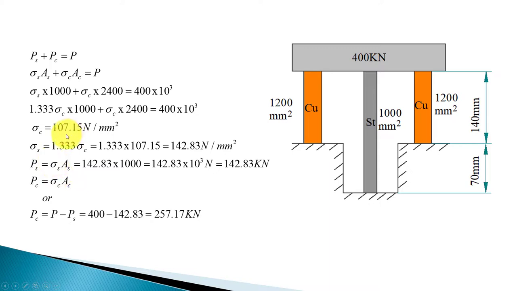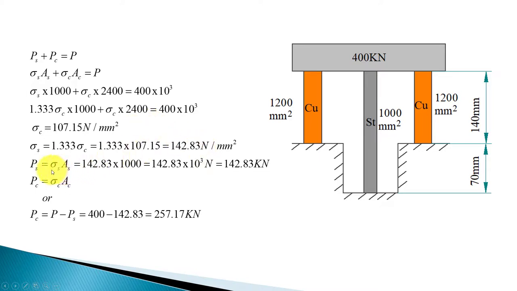Now after getting the stress in copper, you can find the stress induced in steel as 1.333 times this value, which works out to 142.83 Newton per mm square. So we got the stresses in both the materials.